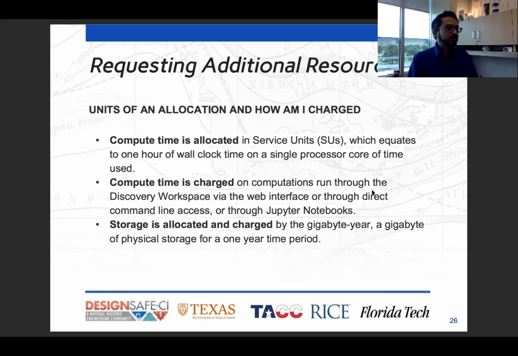There's also compute time, which is charged on the runs you make on your jobs, using the Discovery Workspace, a web interface, the Jupyter Notebook, or direct command line on DesignSafe. There's also storage, which is charged by the gigabyte-year. That's essentially 1 year of physical storage. If you have a gigabyte of data sitting on our physical storage for one year, that's what we charge.